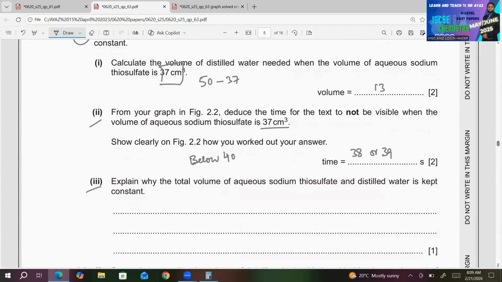Number 3, explain why the total volume of aqueous sodium thiosulfate and distilled water is kept constant. You see, the concentration of HCl remains the same in all experiments. This will be the reason.